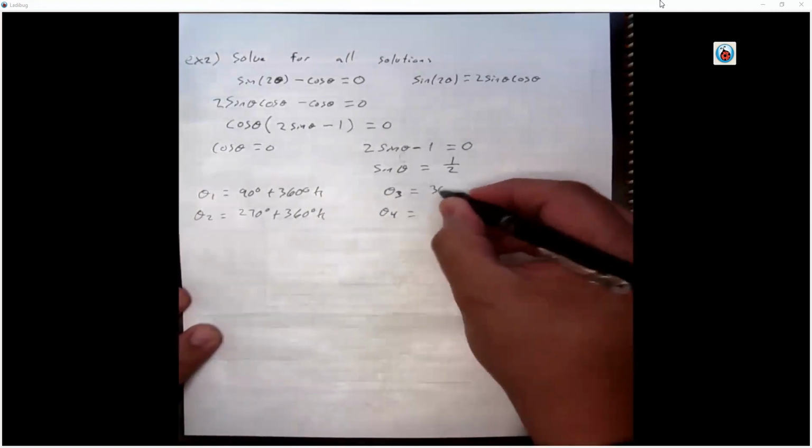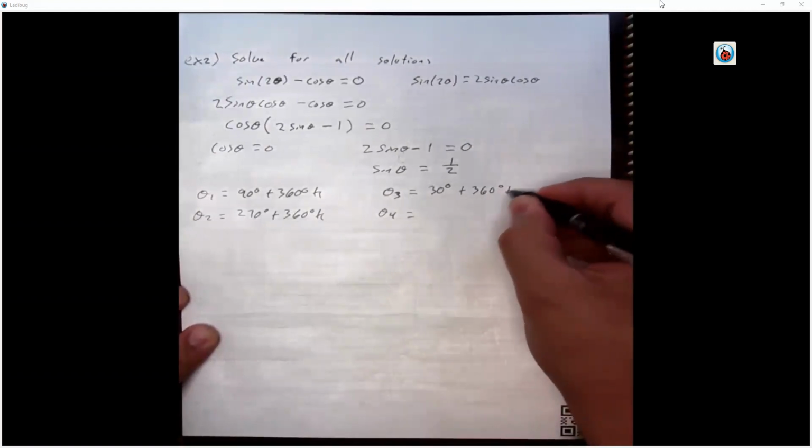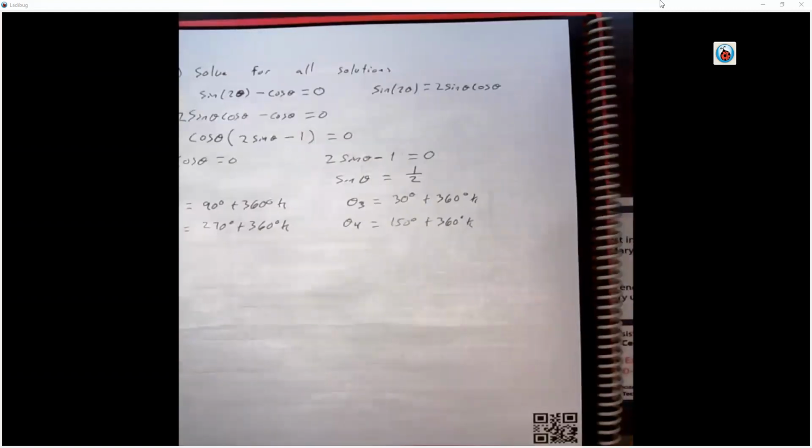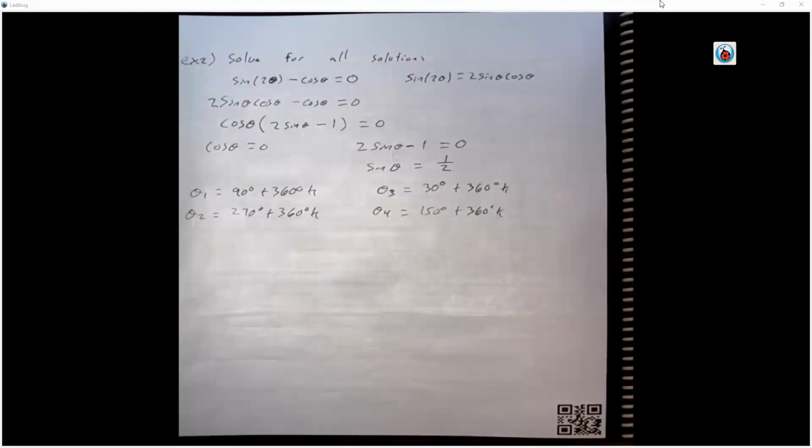Pi over 6, which is 30 degrees, and 150. Okay, so if you can factor outright, do it. If you cannot, see if there's an identity that can help you. Sometimes there's nothing you can do, which would be the next example.